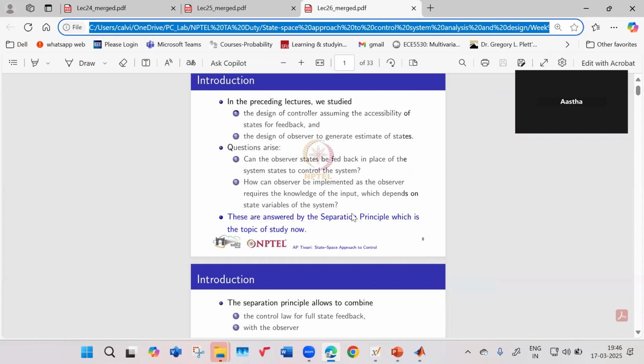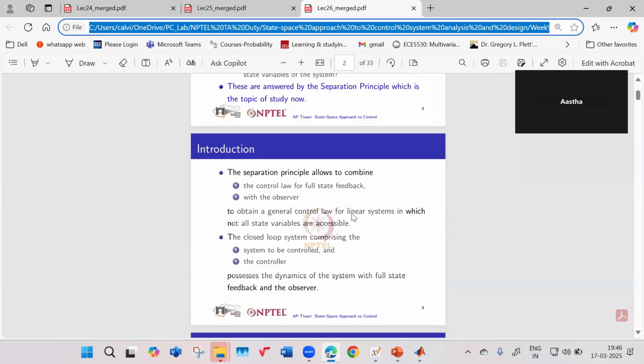Because it is not always possible in any system to measure all the states. Some states are not accessible, some are difficult or hazardous, and it is not practical to actually measure all the states. So in that case, control system engineers have found that we can use an observer to estimate the value of the states, and then we can feed back the measured states as well as the estimated states as a control input, and we can control our system.